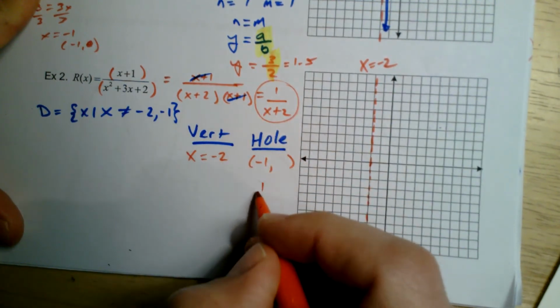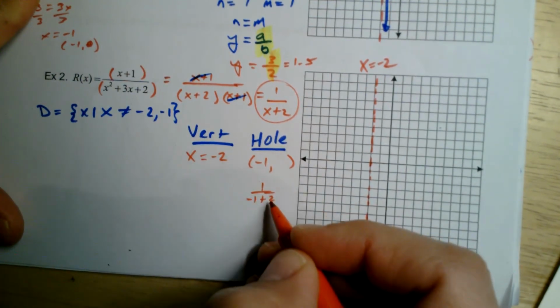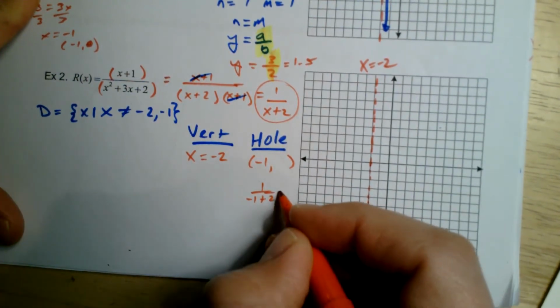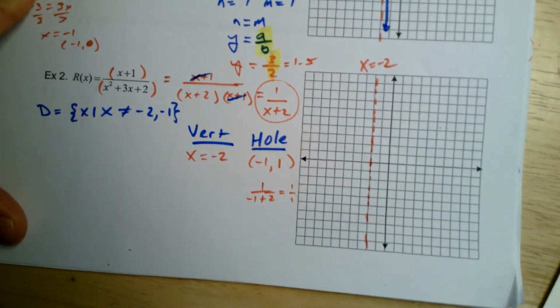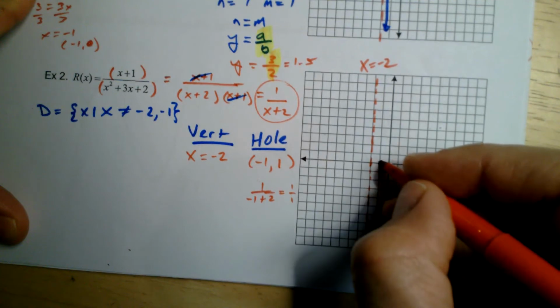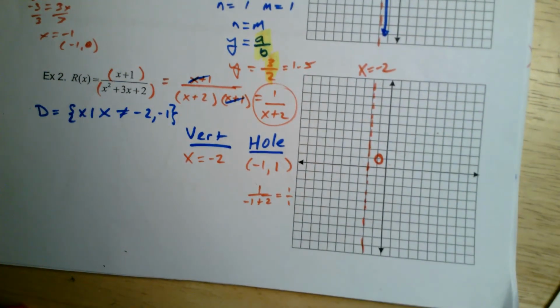I can plug in -1 into the 1 over x plus 2. That ends up to be 1 over 1, which is 1. So I have an open dot at -1, 1 right here. I get a big old open dot right there. Any questions with my vertical asymptote or my hole? Those are, again, restrictions in your domain.